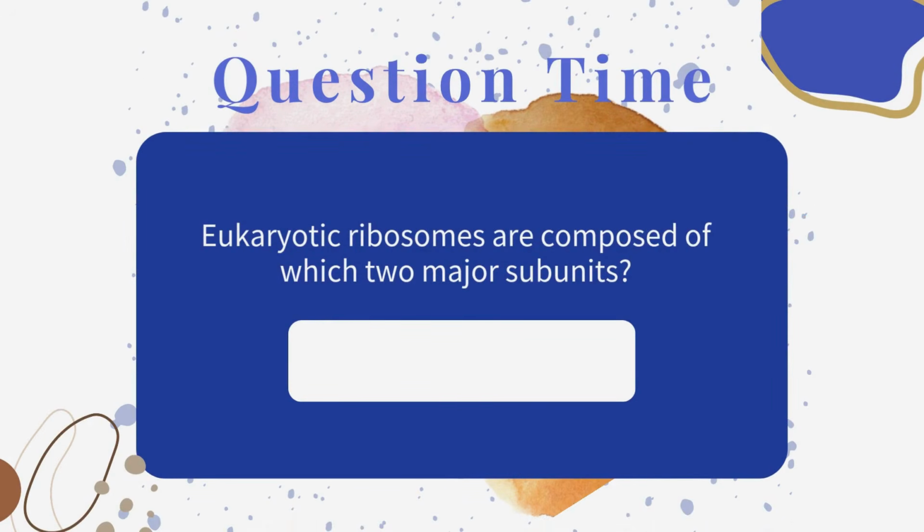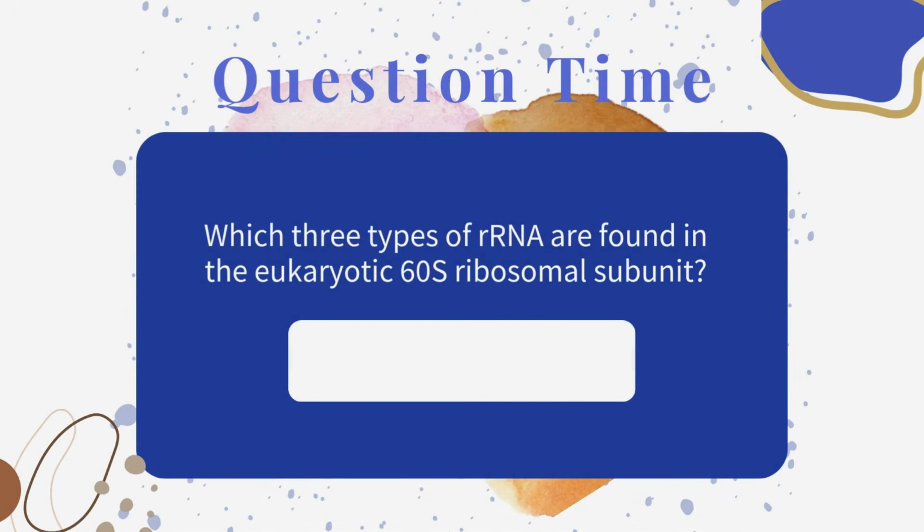Eukaryotic ribosomes are composed of which two major subunits? 60S and 40S subunits. Which 3 types of RNA are found in the eukaryotic 60S subunit? 28S, 5S, and 5.8S.